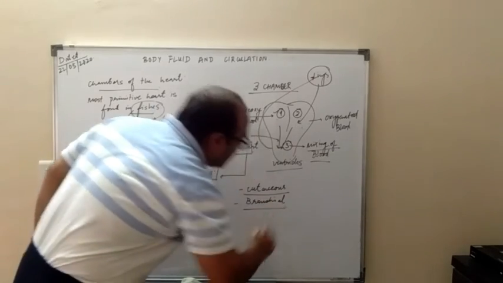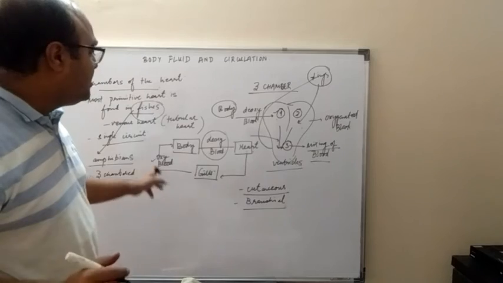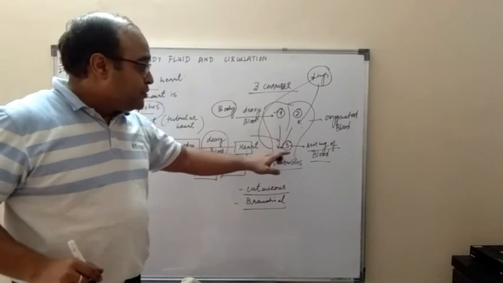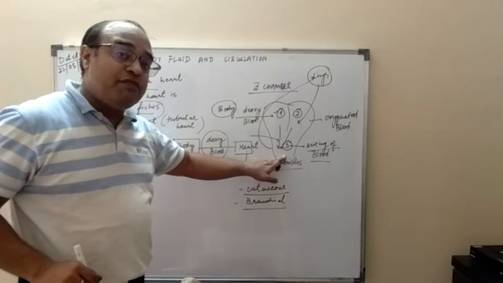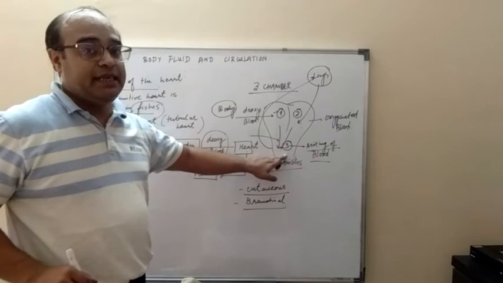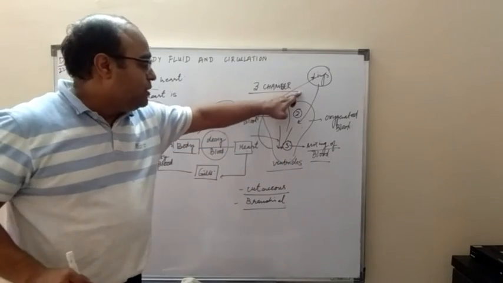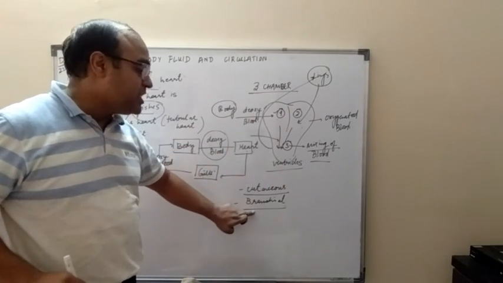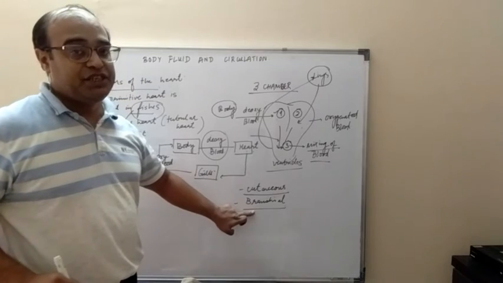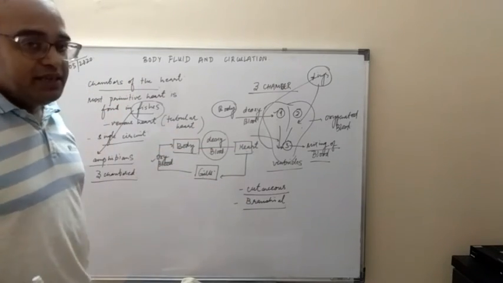So there are three ways in which the amphibians respire, just to compensate for the deoxygenation in their heart: through lungs, through cutaneous respiration, and through branchial respiration.